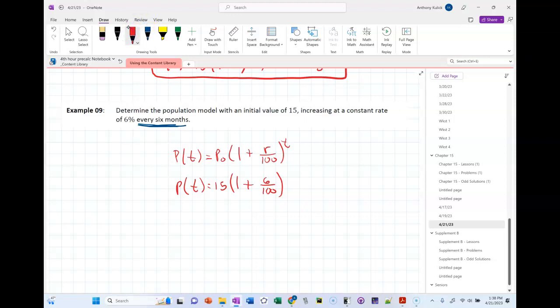So we need to decide what unit of time we want to make our t in, and then we'll have to do some adjustment here. What unit of time do you want to use for t? There's probably 2 reasonable choices. You could do t in months, or you could do t in years.